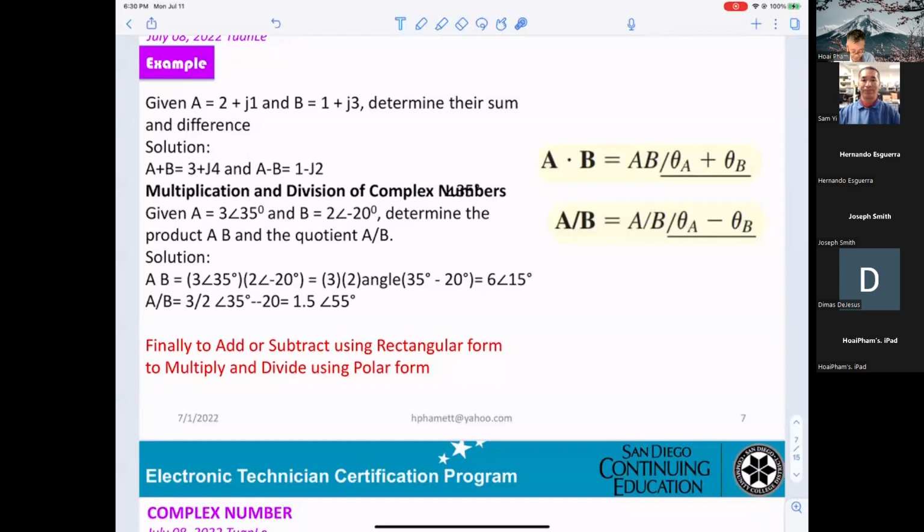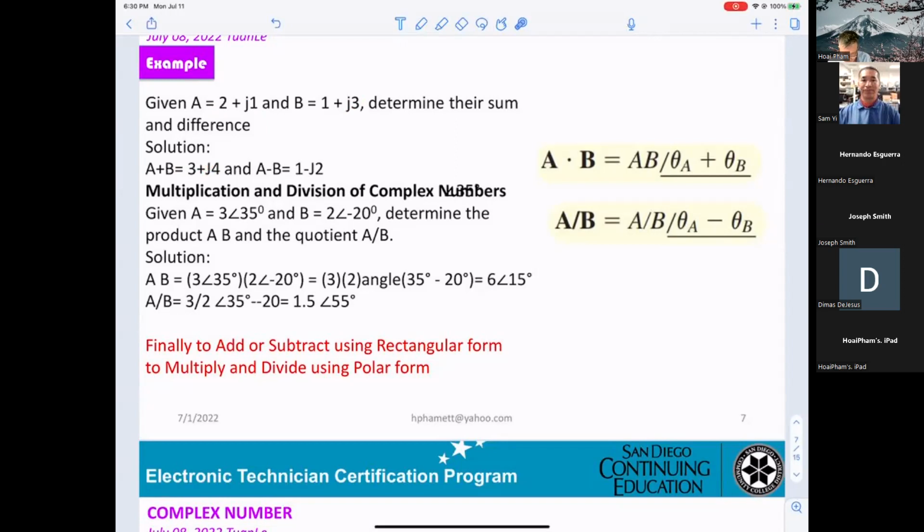Solution. A plus B. For the complex number, when you add it, you take real adding to real. 2 plus 1 equals 3. j1 and j3, you adding j, you get j4.